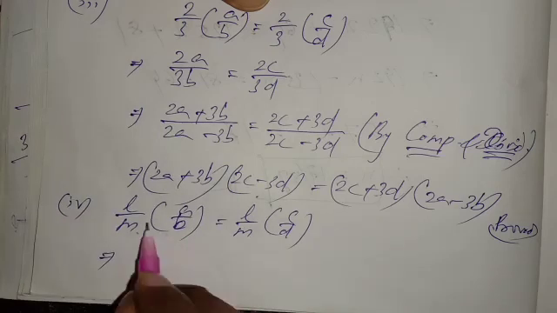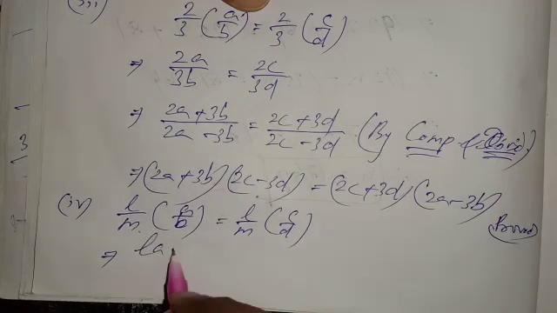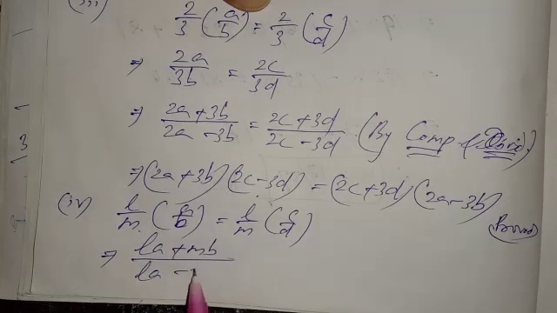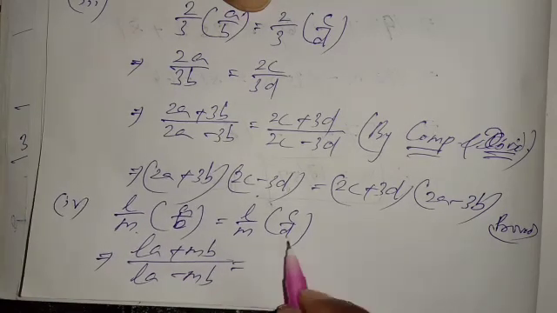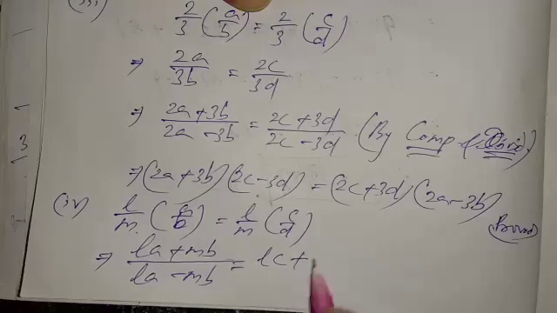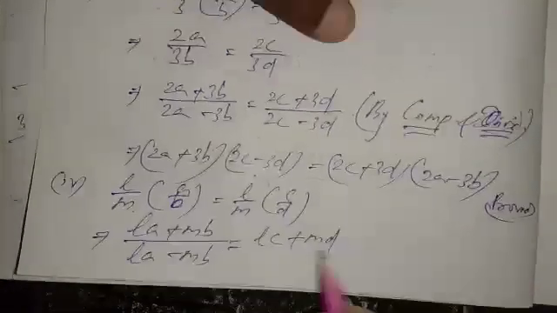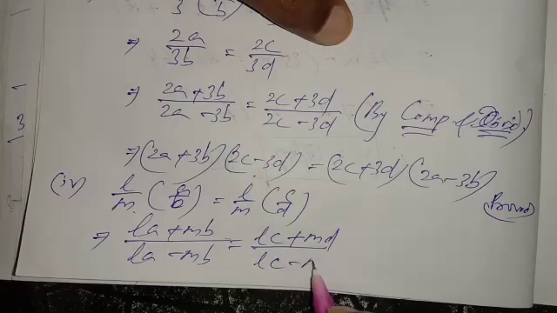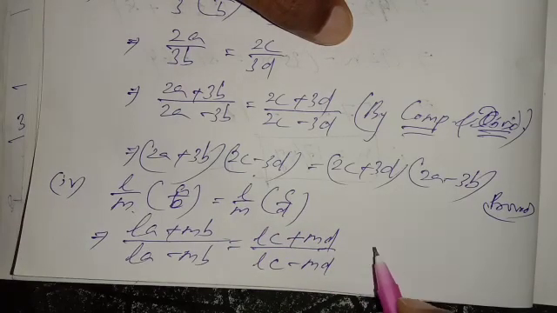Now using componendo and dividendo, this will be (la plus mb) divided by (la minus mb). This right hand side, (lc plus md) divided by, same process, (lc minus md), and that you have to prove.